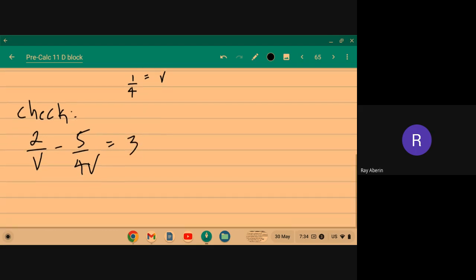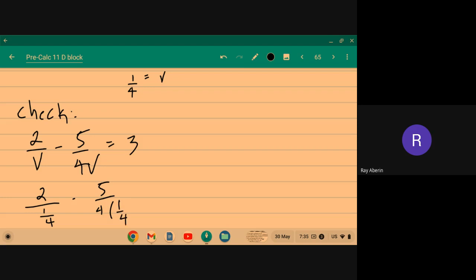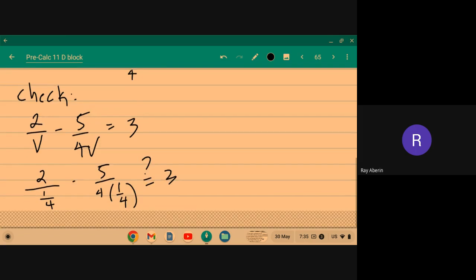Plugging it in, 2 over 1/4 minus 5 over 1/4, which is multiplied by 4 right here. Let's see. Is that going to give us a 3?